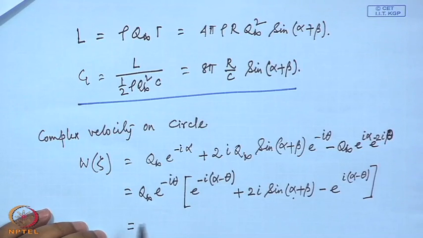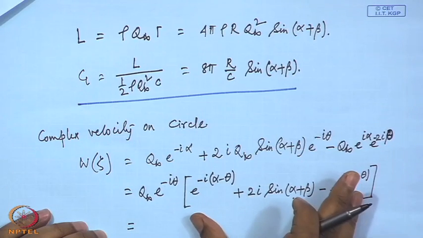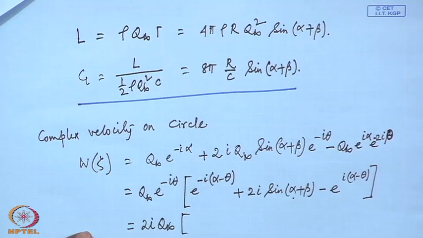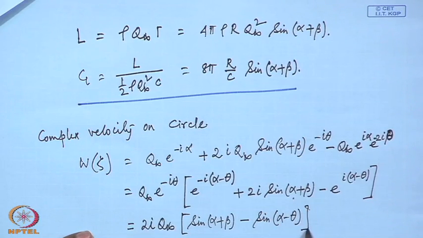Of course, a 2 I. So, that 2 I also comes out. These two also give 2 I sin alpha minus theta. So, that 2 I comes out. So, it becomes 2 I q infinity sin alpha plus beta minus sin alpha minus theta into e to the power minus I theta.